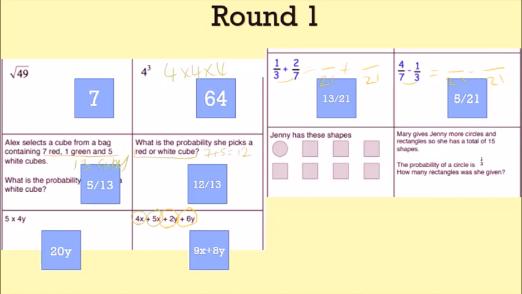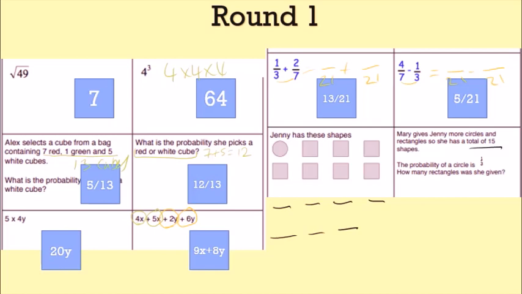Mary gives Jenny more cubes and rectangles, so that she has a total of 15 shapes altogether. Here we have 8 shapes, so we need 1, 2, 3, 4, 5, 6, 7 more shapes to make a total of 15.